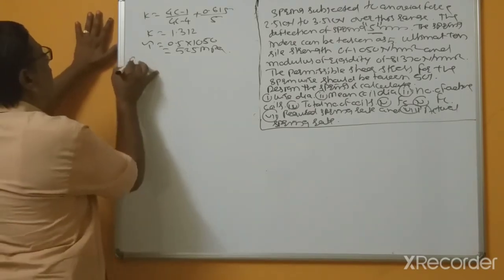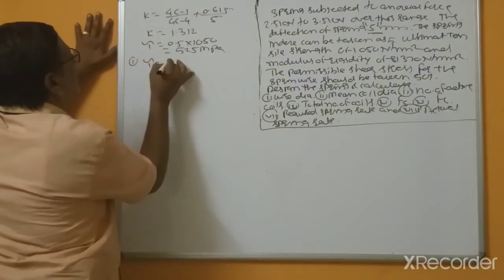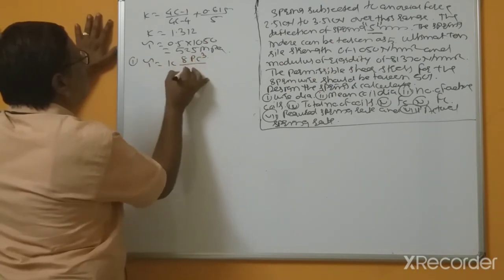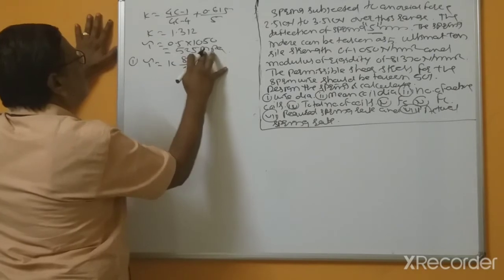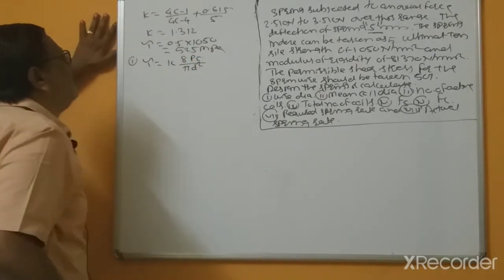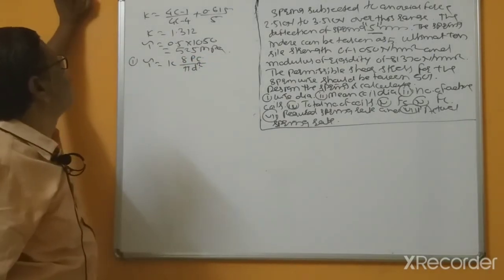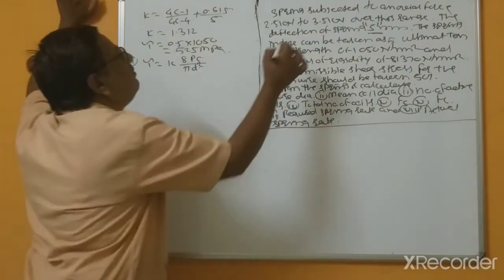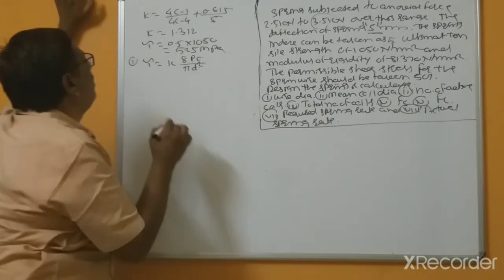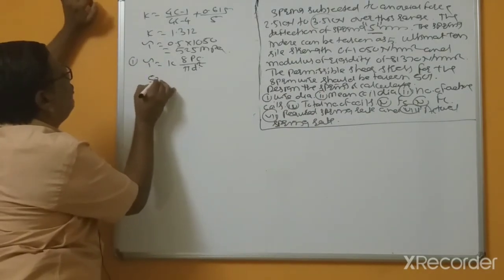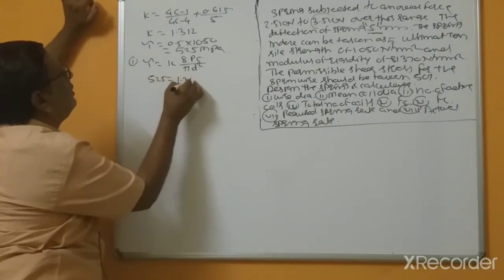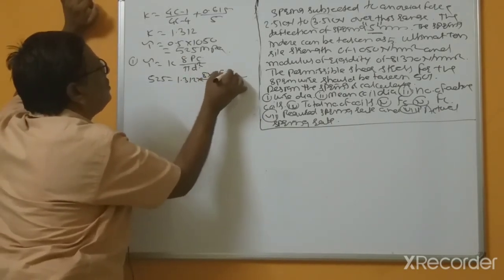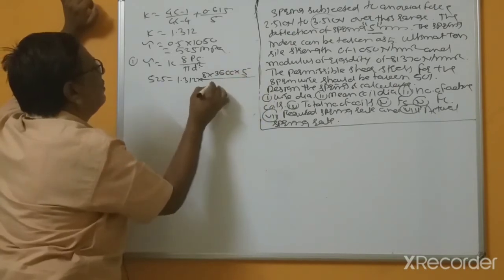First bit, wire diameter. Tau equal to K into 8PC cube divided by 8PC pi d squares, right? So the maximum load is to be considered 3500, tau equal to 525, K is 1.312, C is 5.